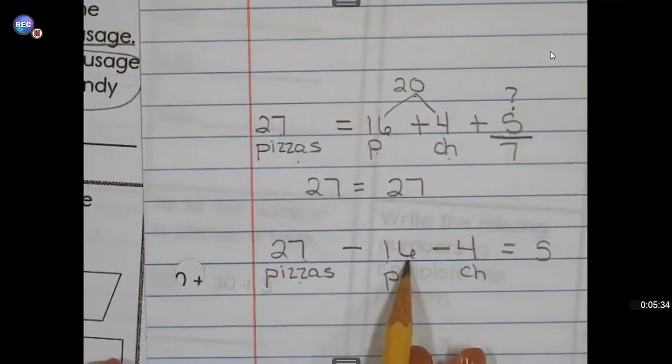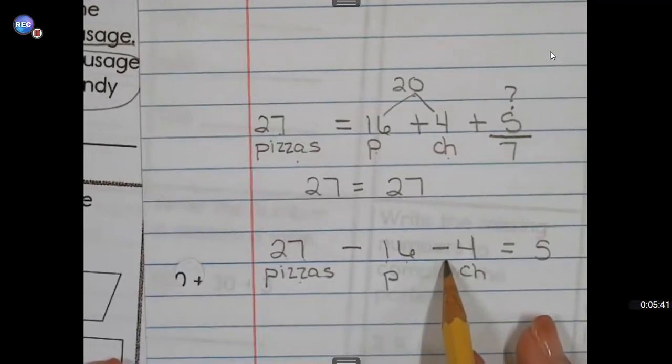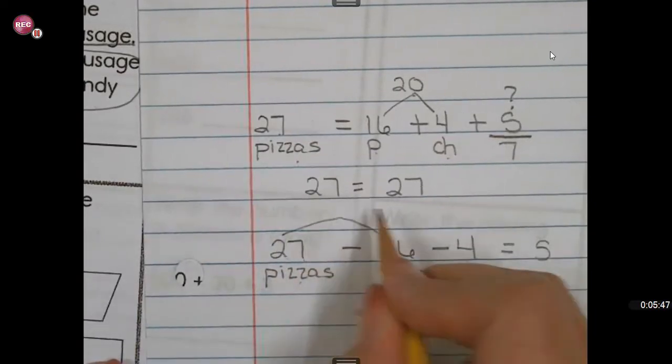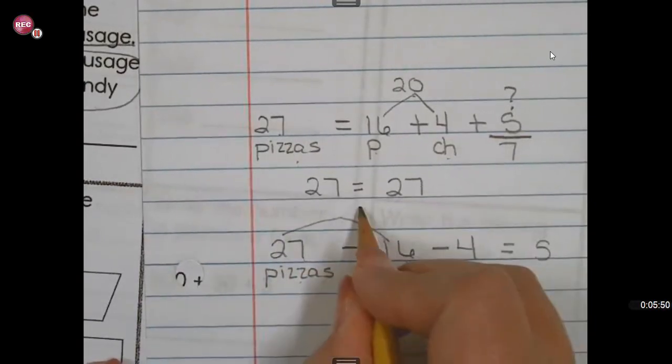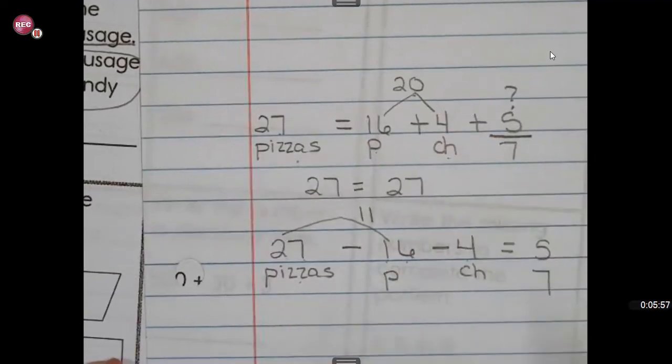Subtract 6, that would be 11. So 27 minus 16 is going to leave me with 11. Then I take the 11 minus 4, and 11 minus 4 is going to give me 7 left over.